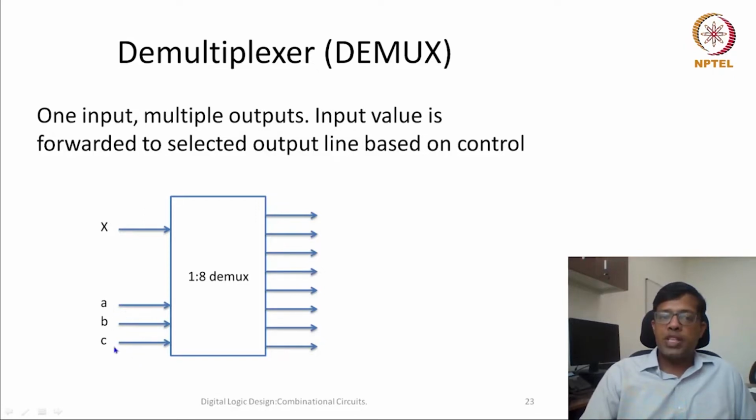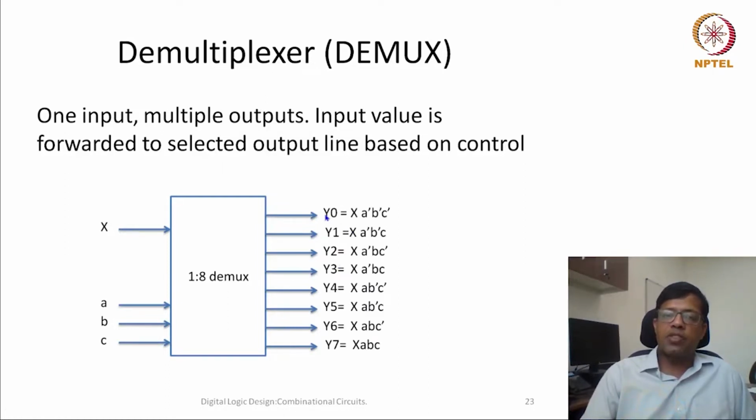So if ABC is 0, then this x has to be copied to the first output. Similarly the second output, third output, all depend on the value of ABC. If I need to implement this as Boolean logic, then Y0 is essentially x·A'·B'·C'. So when ABC is 0 0 0, whatever x is has to be passed to Y0.